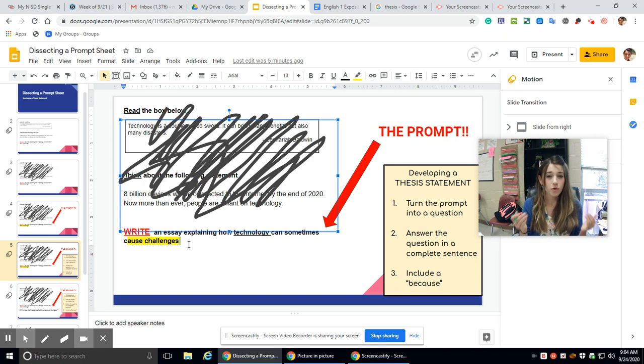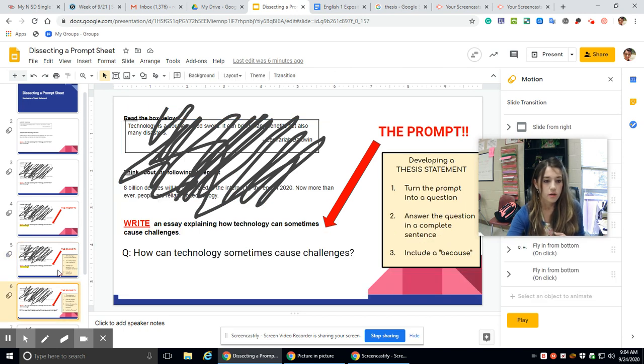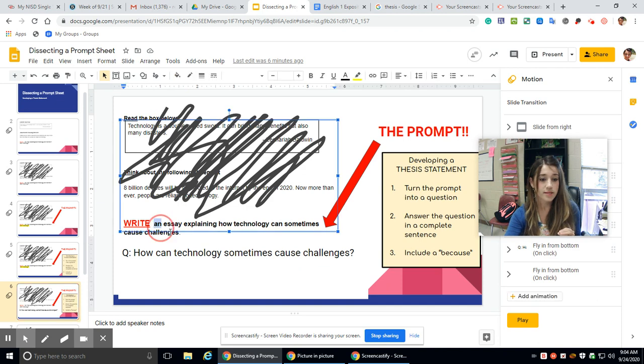But if we turn it into a question, it's going to make it really easy for us to answer it. So I'm going to come down here. If you spend some time really thinking about the statement, you will see that it's essentially just asking you how. How can technology sometimes cause challenges for us? So I just rewrote that as a question.